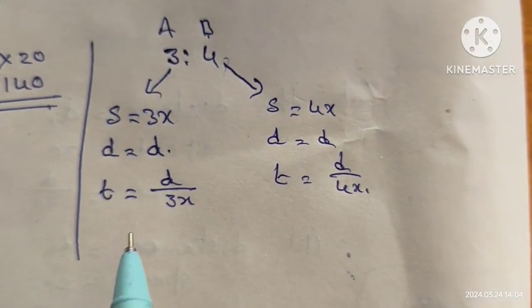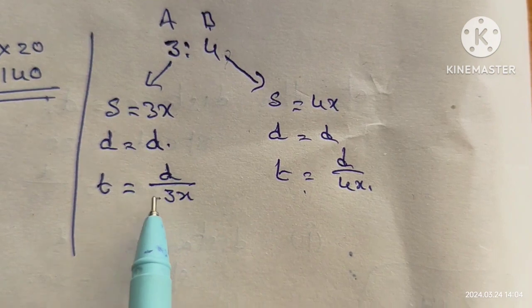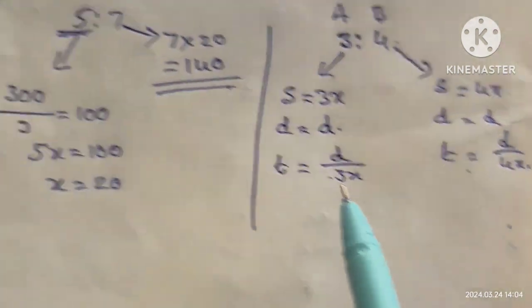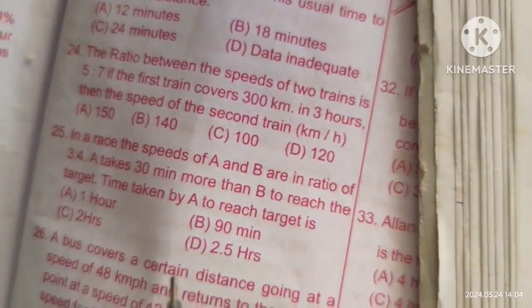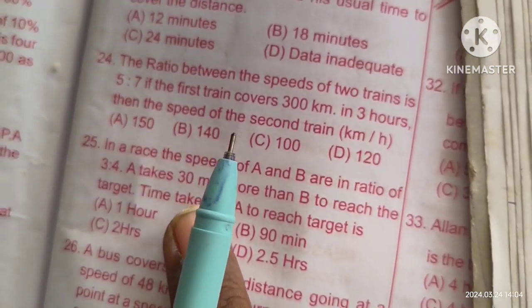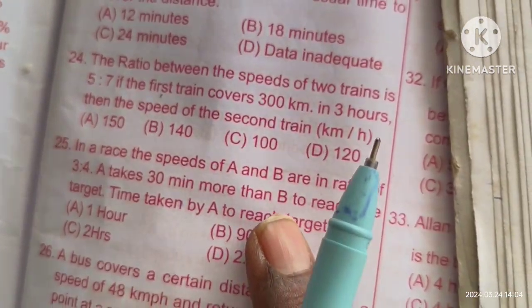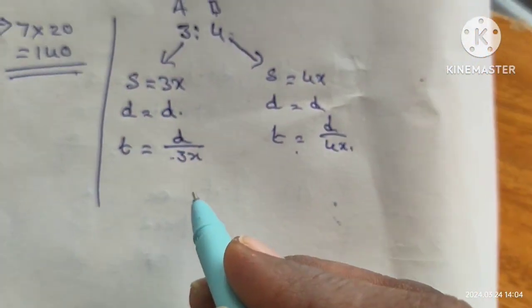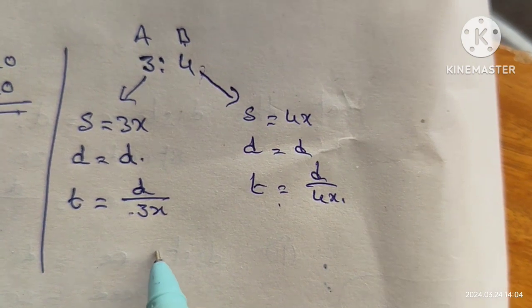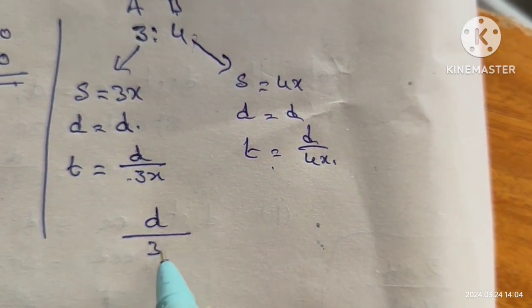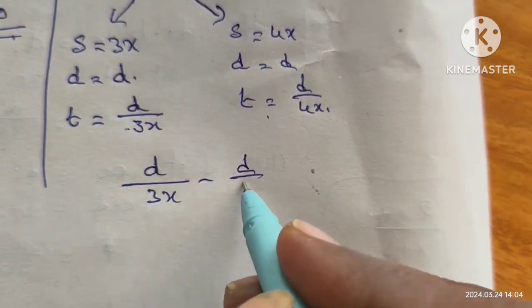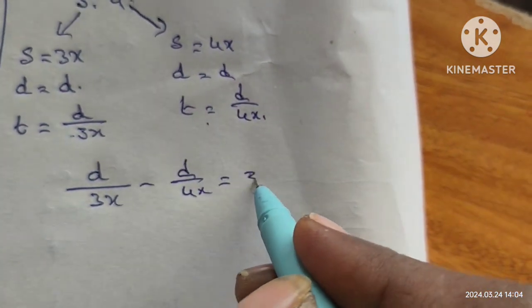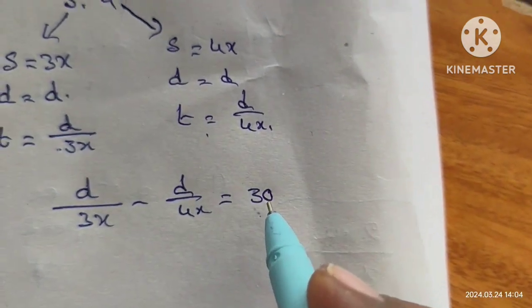Now they said the difference between them is 30 minutes. They said A takes 30 minutes more than B, means A takes more time. So the difference between the two timings is 30 minutes. So D by 3x minus D by 4x is equal to 30 minutes.